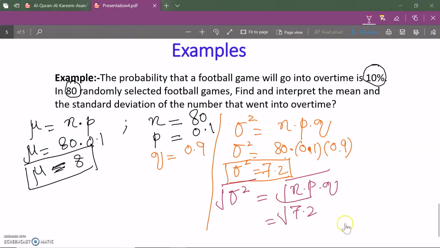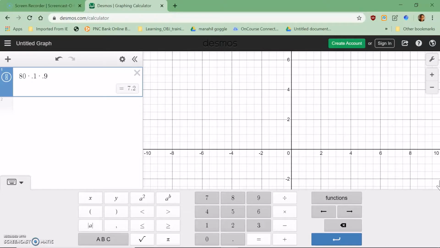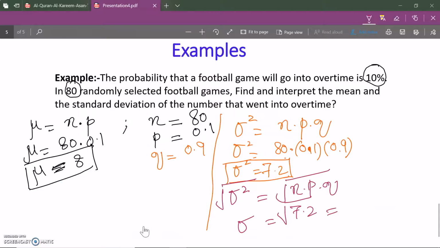Let's do that on a calculator. The square root of 7.2 is 2.68. So our standard deviation is 2.68.